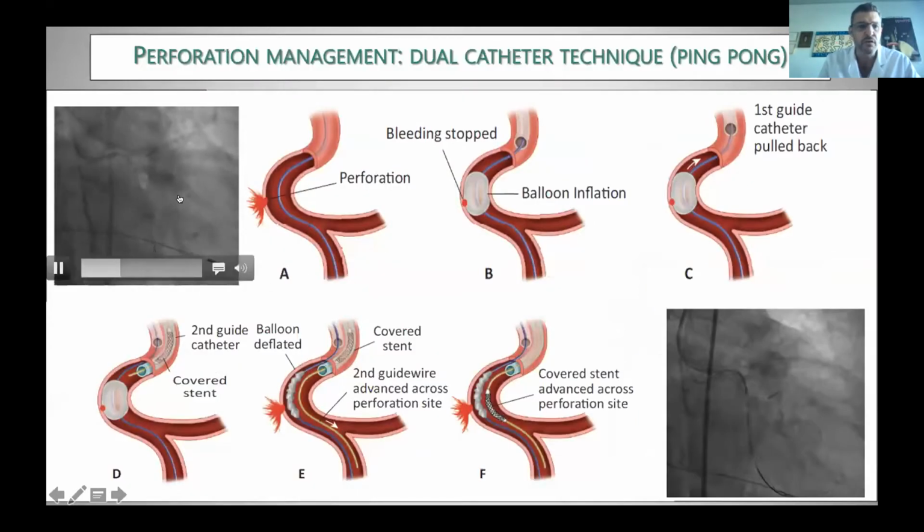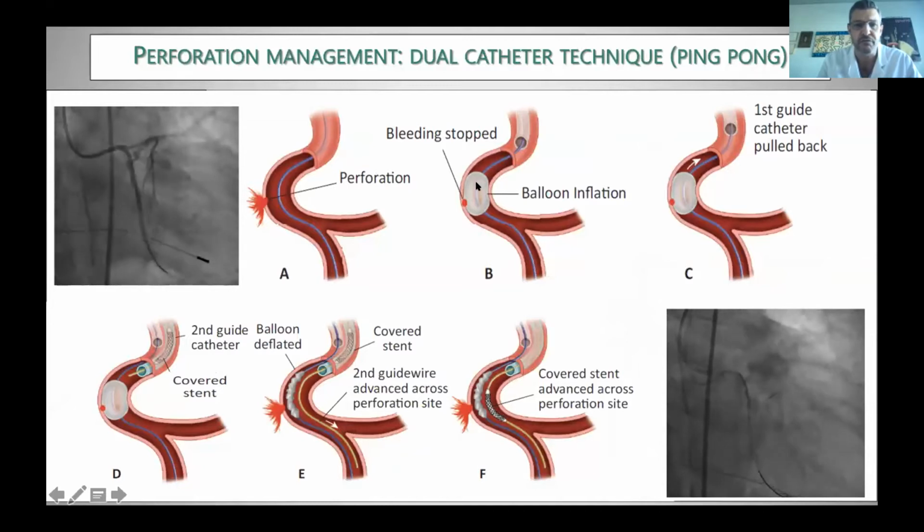Because if you have a main vessel perforation, the first line strategy is to inflate the balloon. At this time, you can pull back just a few centimeters the first guiding catheter, leaving the balloon inflated in order to stop the bleeding. In this case, you have all the time to take the second access, or to advance a second guiding catheter into the coronary ostium, to advance a second wire.